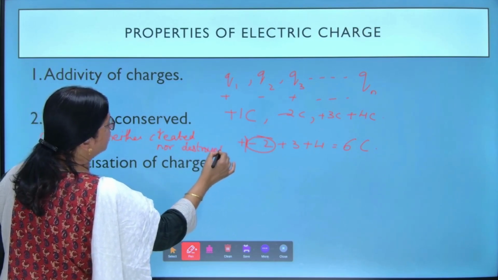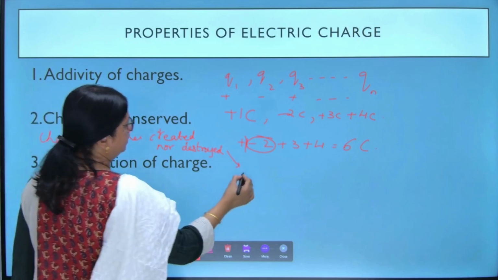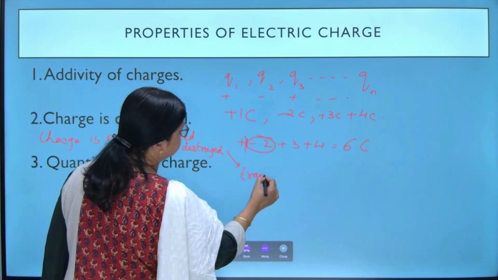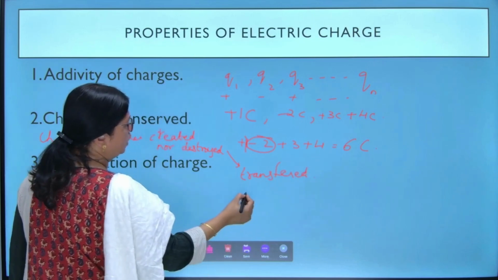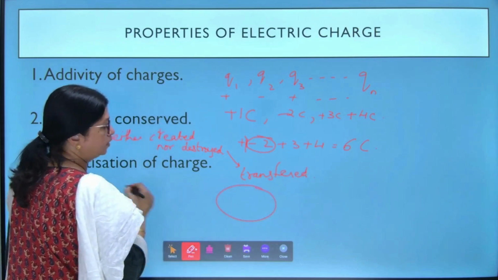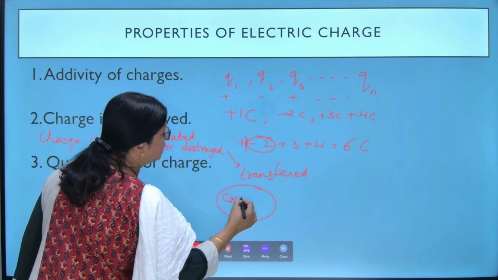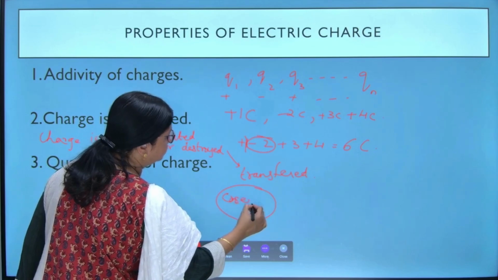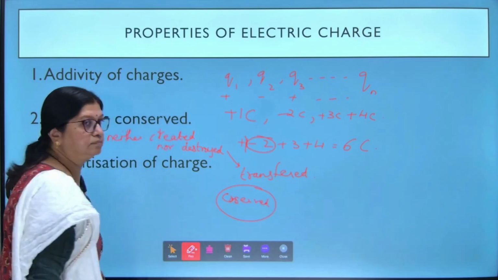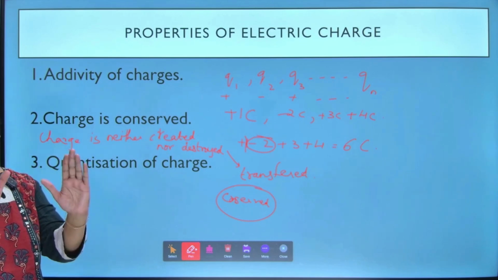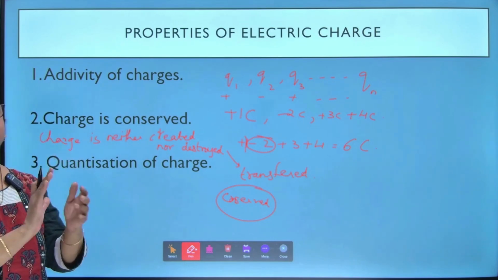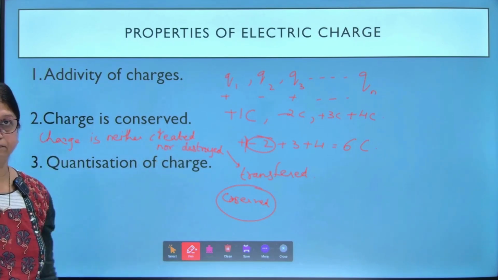It is only transferred. So in a system, the charge is conserved. What is the meaning of conserved? That the sum or the answer remains the same in a system.